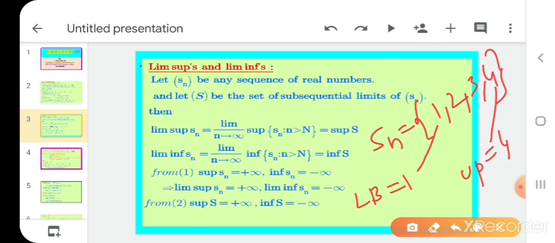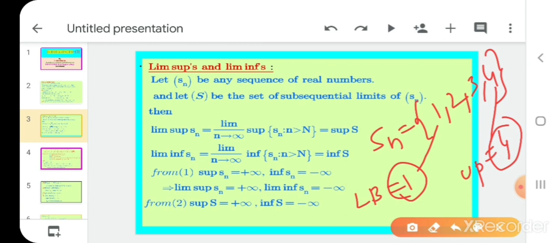Lower bound means minimum value, that means it is the infimum. What is the infimum of Sn? 1. And we call the maximum value the supremum. What is the supremum of this sequence? It is 4. Infimum and supremum are the minimum value and maximum value of the sequence. Okay.